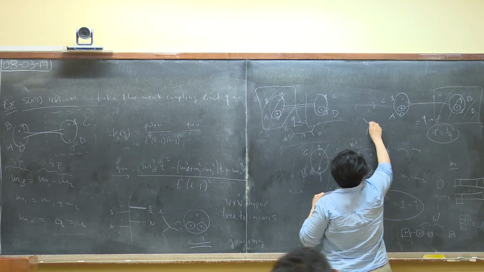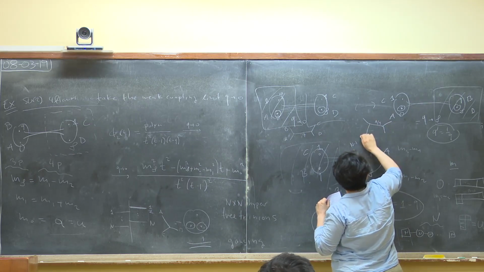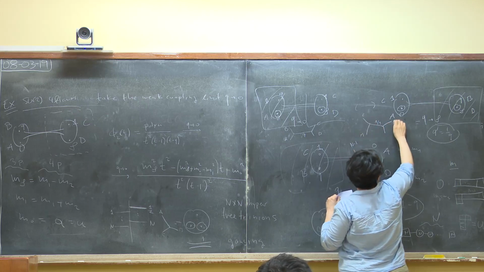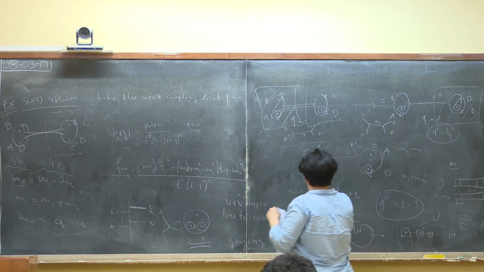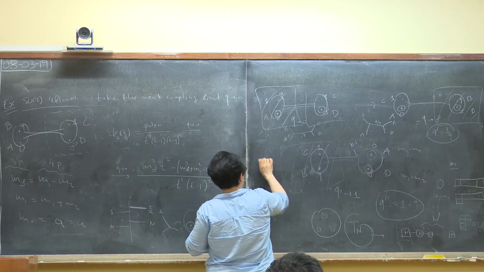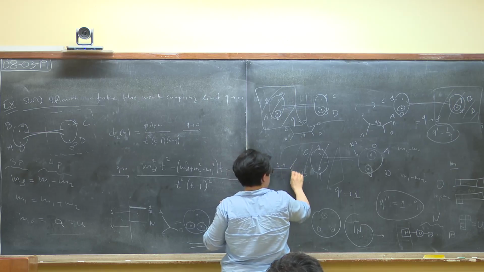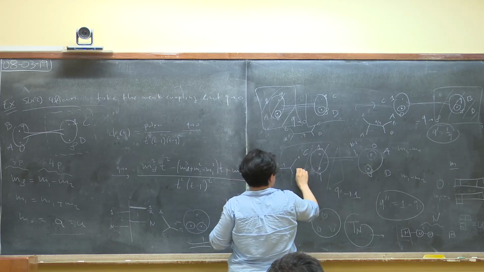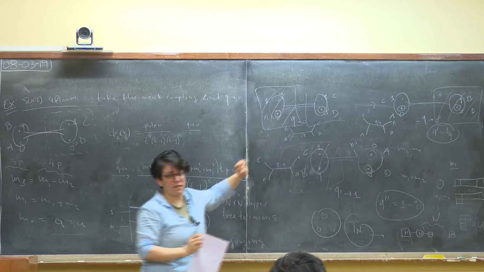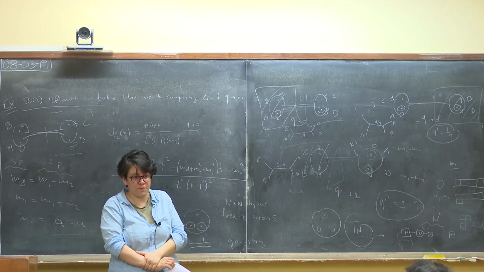So this is the 1 over Q, A, C, B, D, and here this is the C, B, 1 minus Q, A, D. So if you really make these identifications, this really looks like the bootstrap, like the crossing equation.